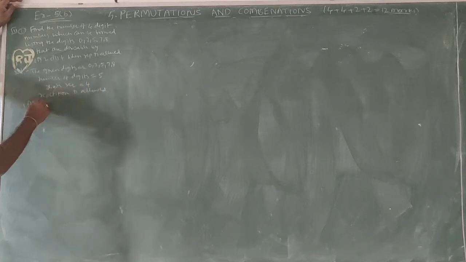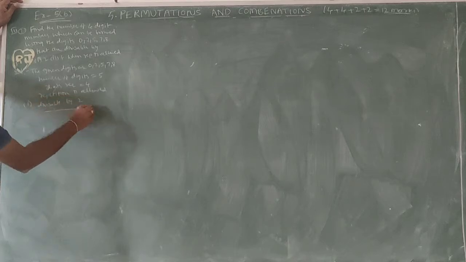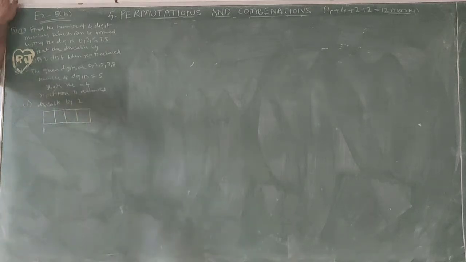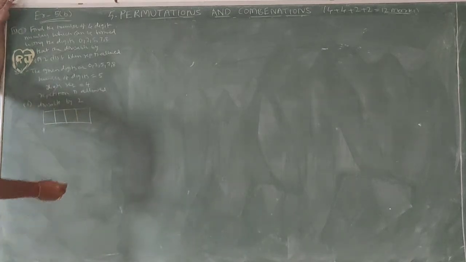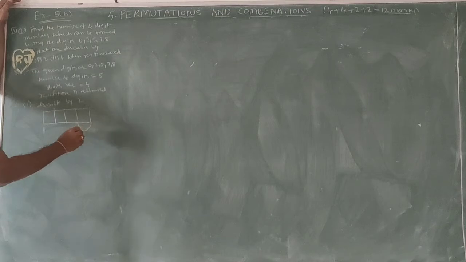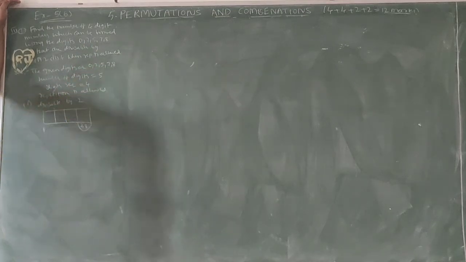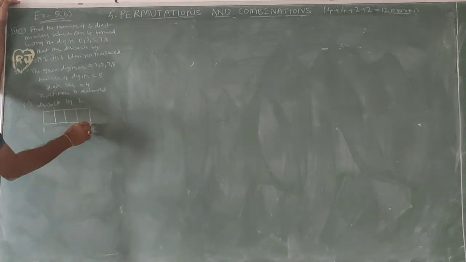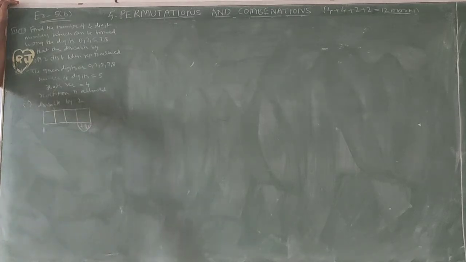First one, divisible by 2. Divisible by 2 means the unit digit is either 2 or 8 from the given choices. 2, 8 are the unit digit. Of course, 0 also. 2 or 0 or 8. So we have 3 choices.